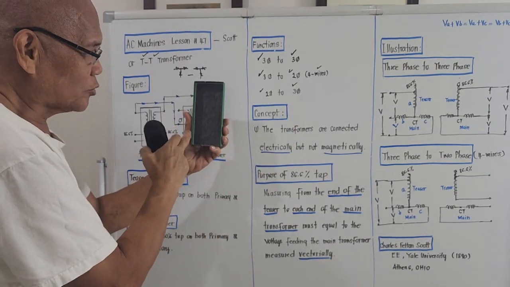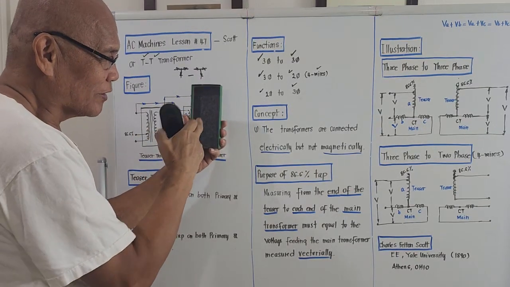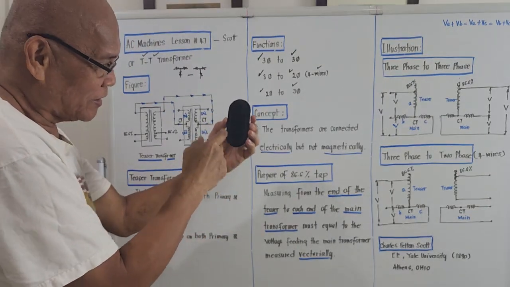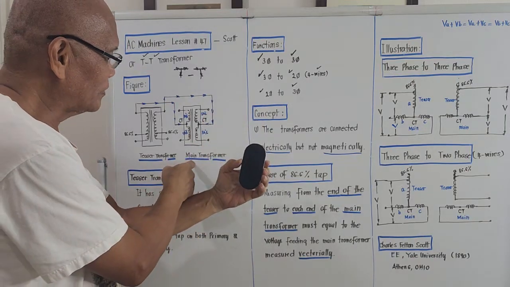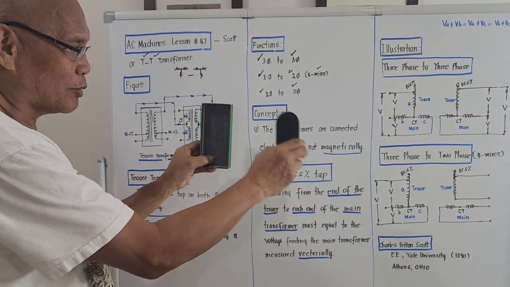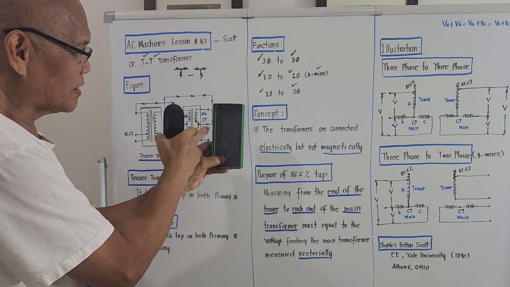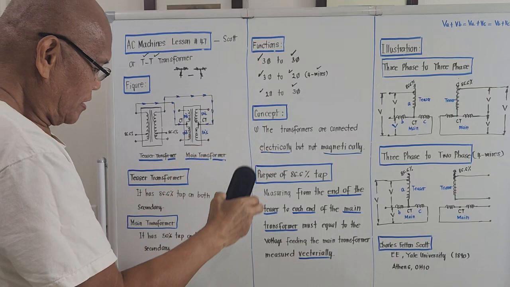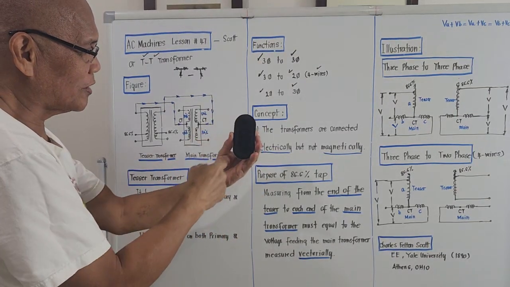The teaser transformer has a primary winding and a secondary winding inside it, and the main transformer also has a primary winding and a secondary winding. These are two separate transformers. We have 6 terminals coming out from the teaser transformer, and for the main transformer there are also 6 terminals.